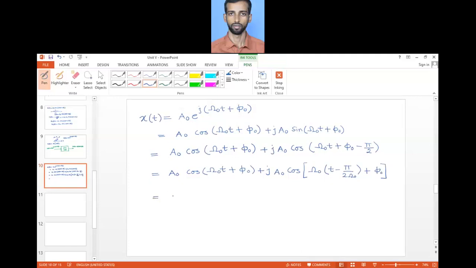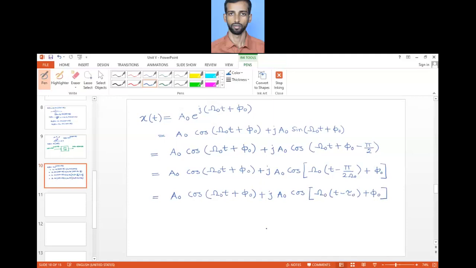So now finally I can represent the entire thing like A naught cos(omega naught t plus phi naught) plus j times A naught cos(omega naught t minus tau naught plus phi naught).